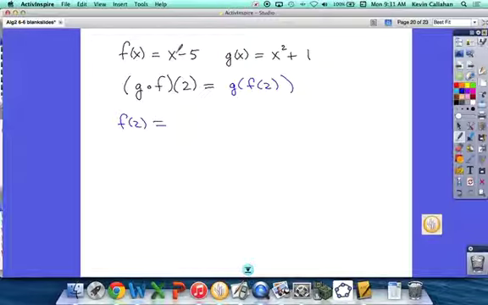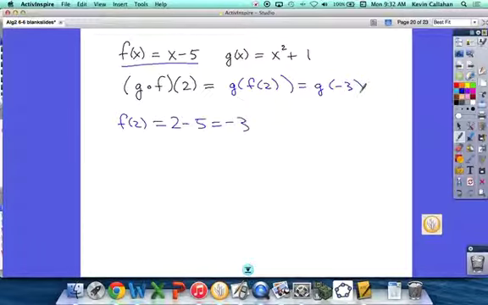Just use this function right there. 2 minus 5, right? Just plug into this function only. Plug in x equals 2. And so this equals negative 3. Okay, so now we can replace this f of 2 with a negative 3. So this is g of negative 3.